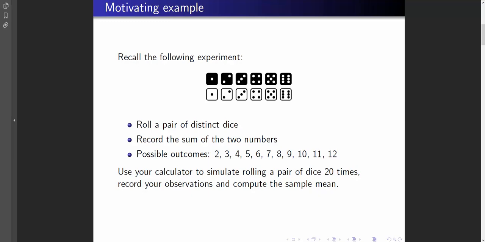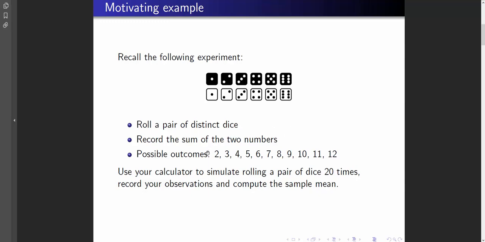So imagine you have a pair of distinct dice, and we're going to roll the dice and look at the sum of the two numbers. So if we get 1 and 1, then the sum is 2. Or we could get 1 and 5, then the sum is 6, and so forth.